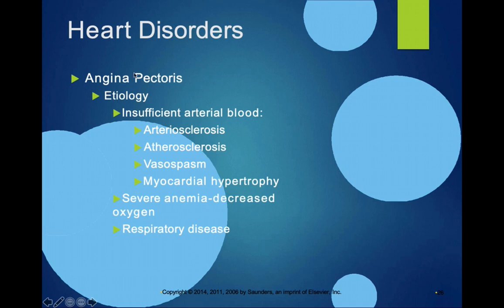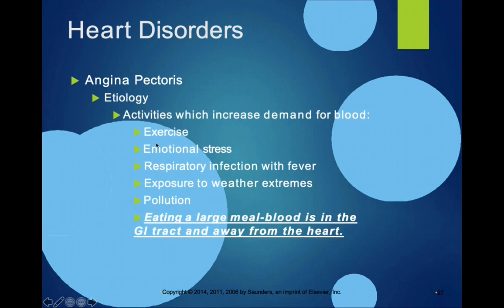So what's some of the etiology of angina? It's things that are going to create insufficient oxygenation in arterial blood. Arterial sclerosis, atherosclerosis, vasospasms, and even myocardial hypertrophy, meaning the heart size increases and the chambers decrease in size as the muscle thickens. Severe anemia due to decreased oxygenation, and even respiratory diseases.